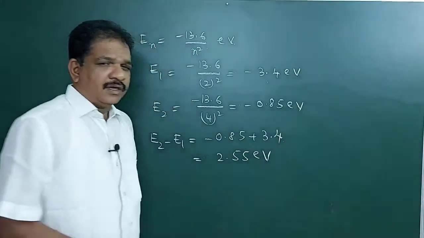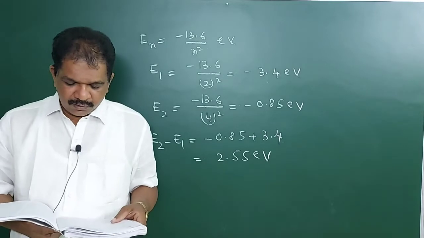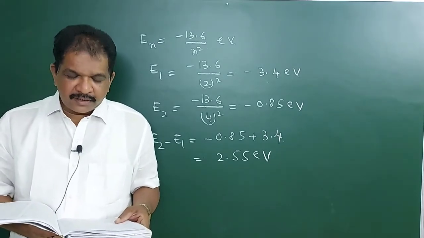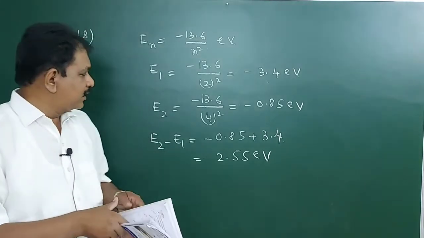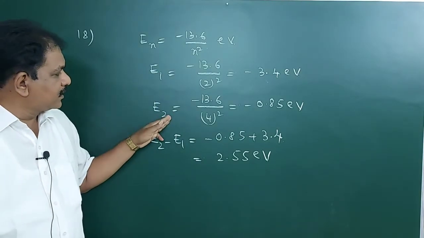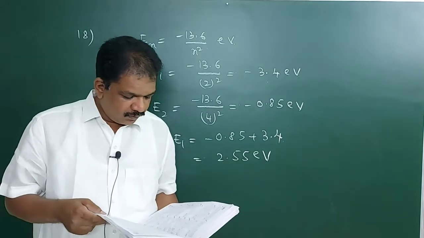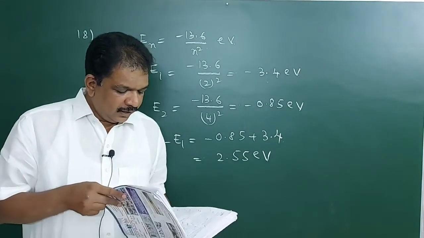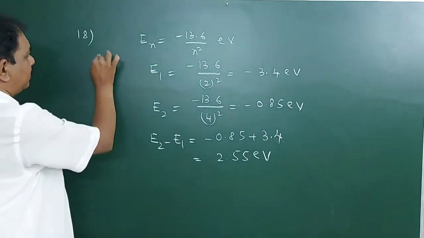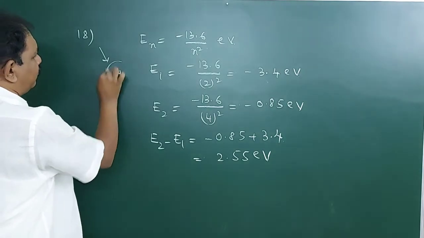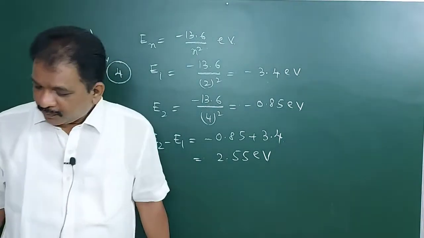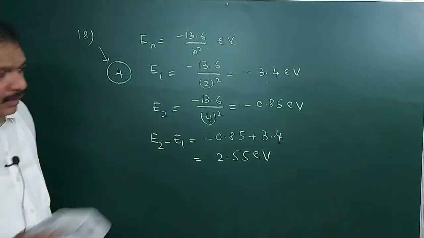This is the energy. Okay. So, energy required to excite the electron from second state to fourth state will be this one. So, 18, it will be fourth option.